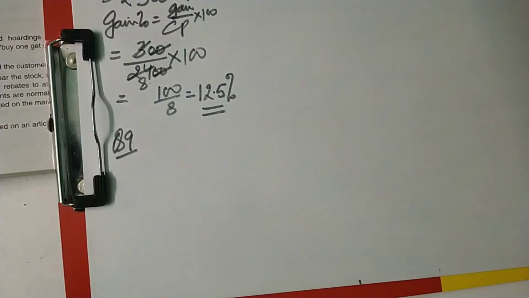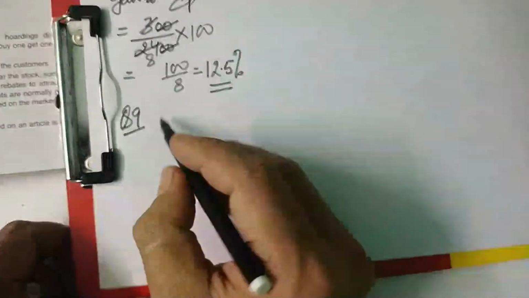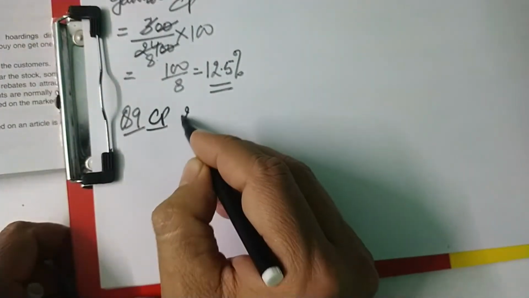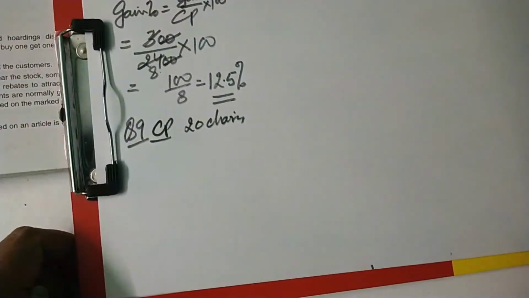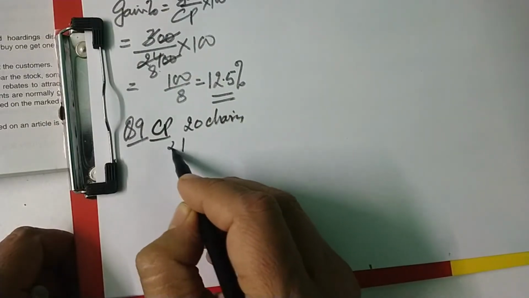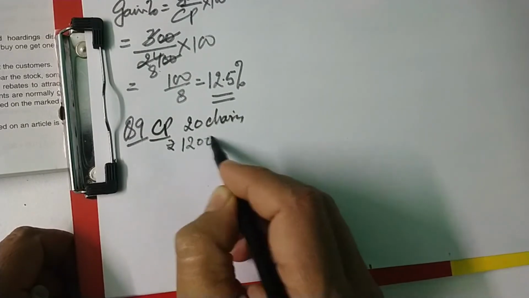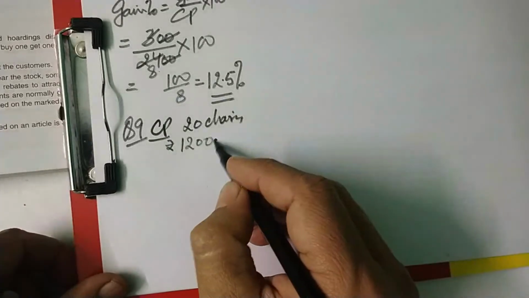So if you see, open your book and then check. Question number 9 has a man bought 20 chairs, CP. He has bought 20 chairs for rupees 12,000. So 12,000 is the cost price of the chairs in total.